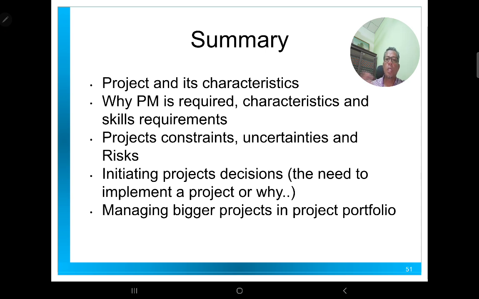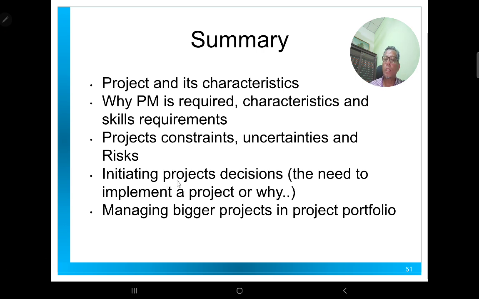manage the project. As a project manager you should be able to understand what the project constraints are, and what the uncertainties and the risks are. By understanding this, you should be able to make sure the planning of the project execution can be implemented successfully and the project can be completed successfully.